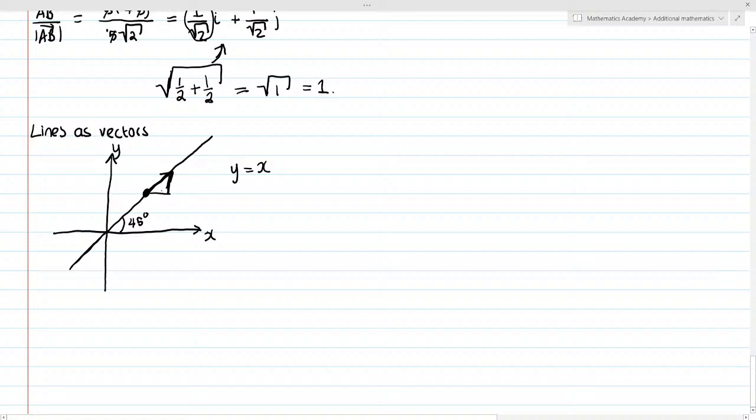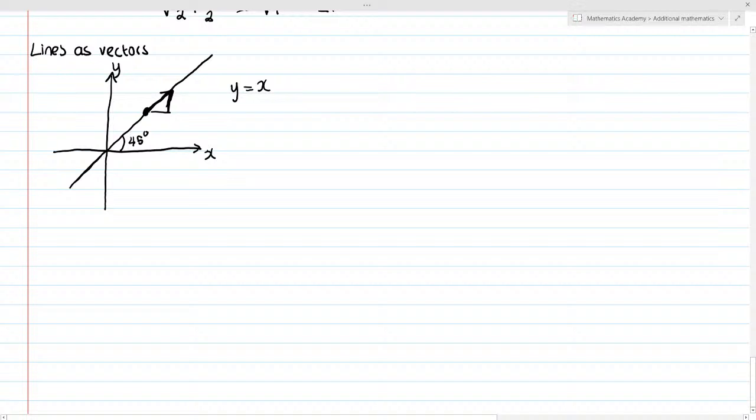I can find many more lines that have the same slope as this line, but they won't pass through the same point. And similarly, I can find many lines that pass through the same point, but don't have the same slope, right? For example, this line. So by having both the slope and the point be the same, I make sure that this is the same line. So in this case, what is the slope?